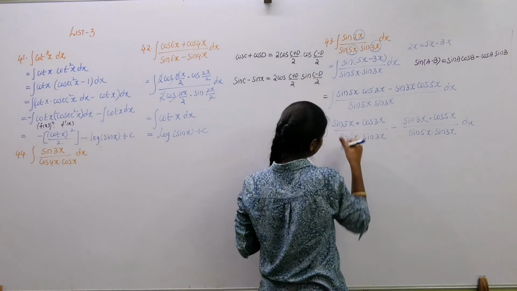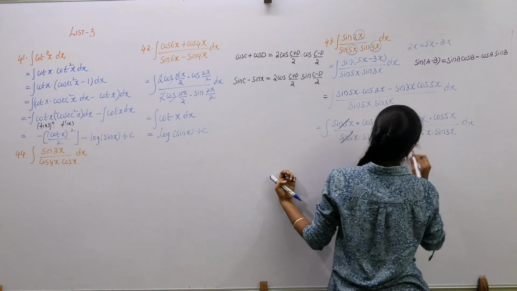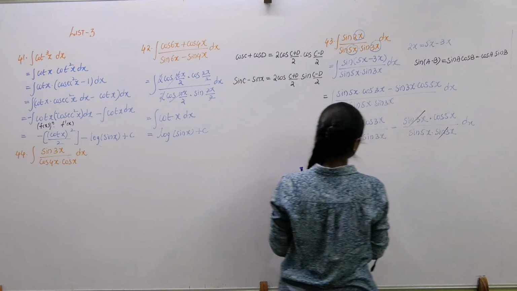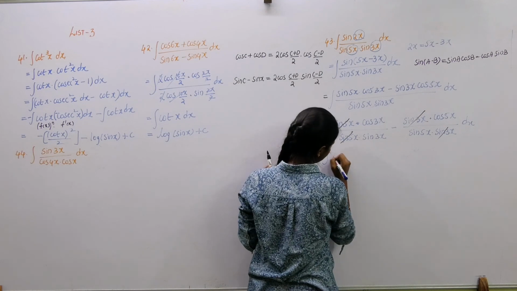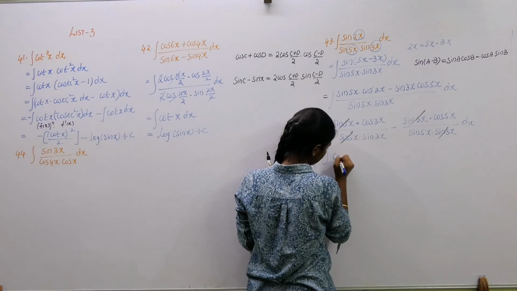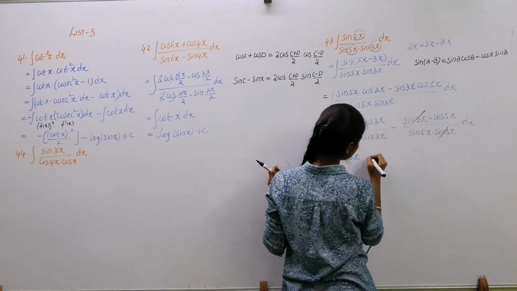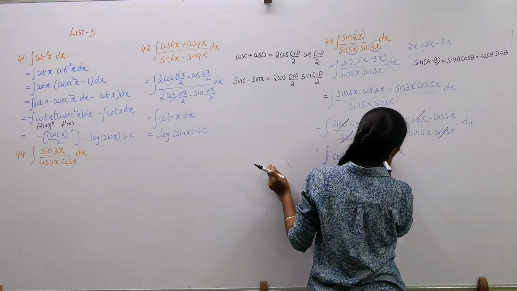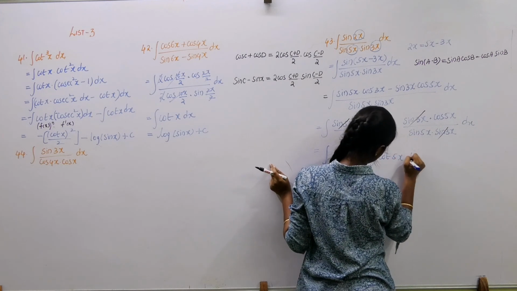Here sin 5x gets cancelled, and here sin 3x gets cancelled. We are left with integral cos by sin. It is integral cot 3x minus integral cot 5x dx.